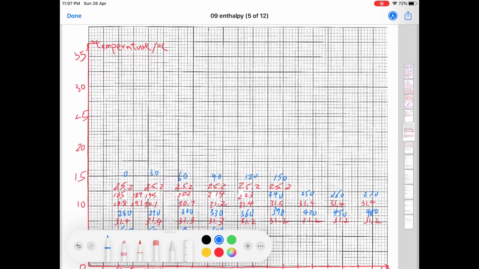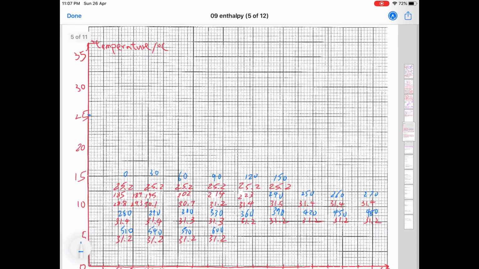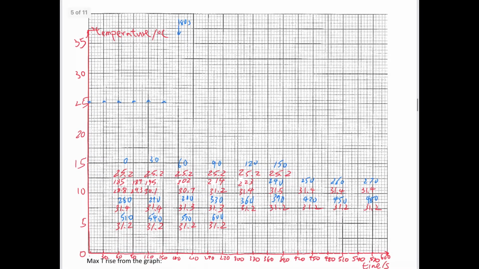And in chemistry, for drawing the data, we usually use a cross to represent each data point. So 0 second, 30 second, and then to 50, to 150. The data are 25.2, and then at 180 seconds is the moment at which we add the solution into the exit.